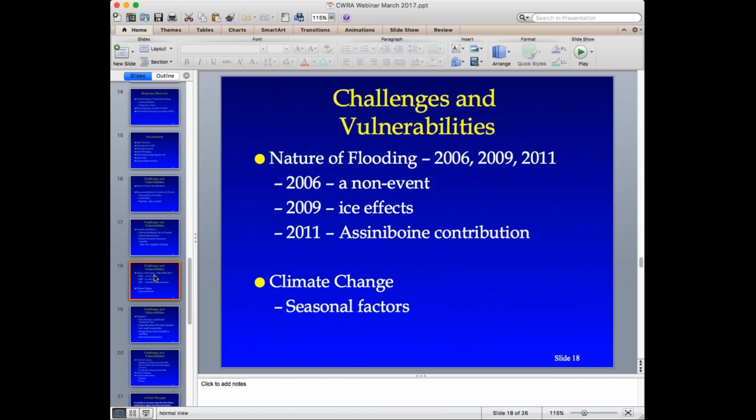But we're starting to see summer flooding. There was at least one freeze-up flood in Manitoba since the 1997 flood, and so I think with climate change, we'll find that it won't be just spring flood that you have to deal with in the Red River Basin. There could be other floods as well, and that provides new challenges for flood forecasting and floodplain management.